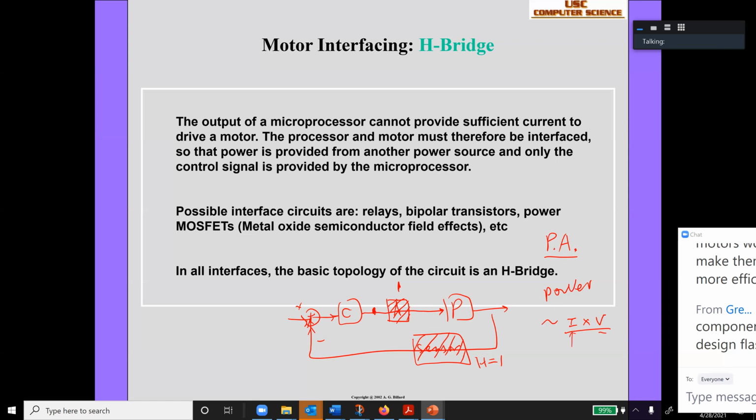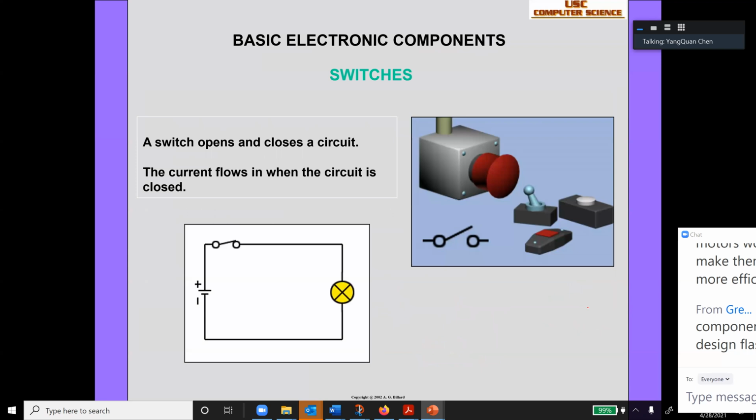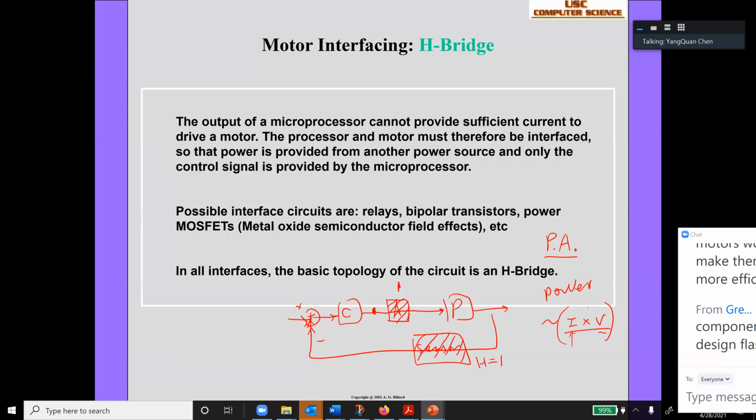So how do we increase the total power of the control signal? You need a power amplifier. Sometimes we call this power amplification.